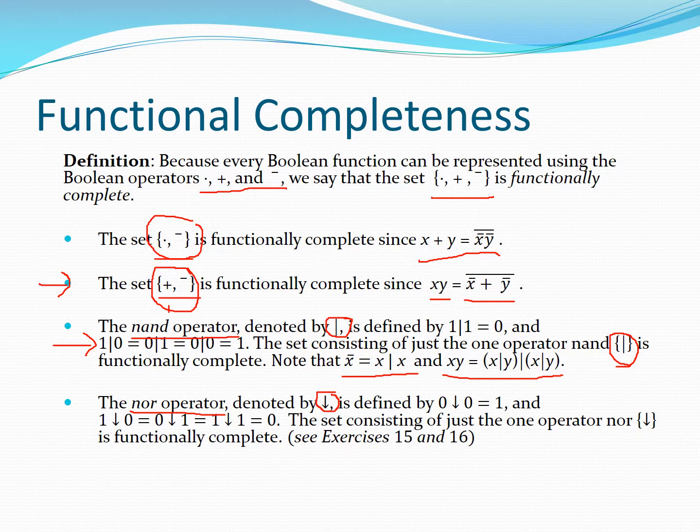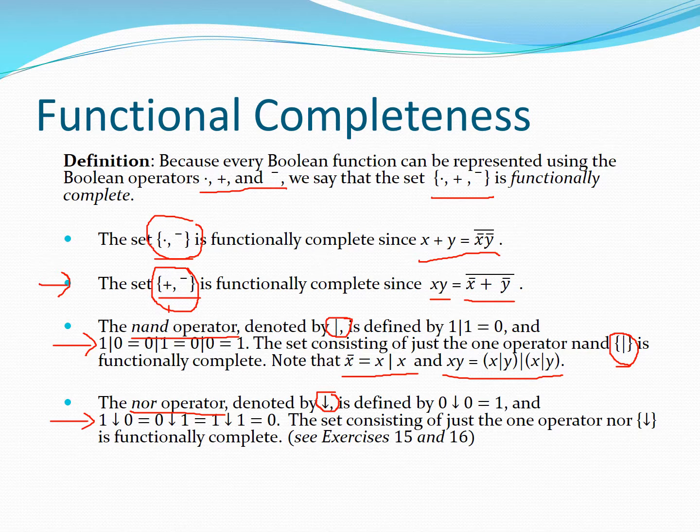Very similarly, now let's look at the NOR operator. Let's look at the rules for the NOR operator first. What do the rules tell us? If you have two zeros, the NOR of two zeros is a 1, but the NOR of 1 and 0, the NOR of 0 and 1, and the NOR of 1 and 1 is 0.